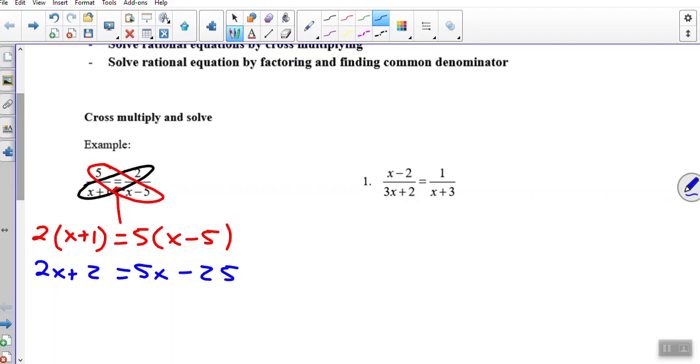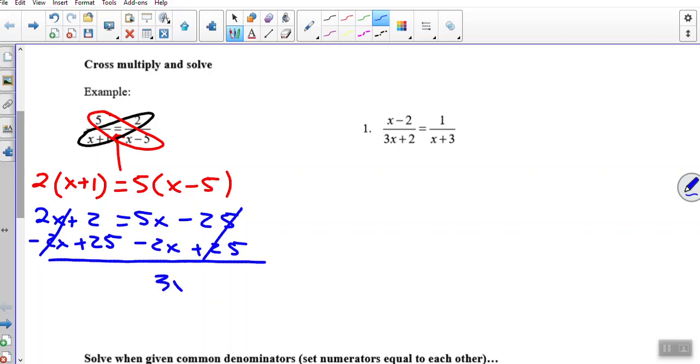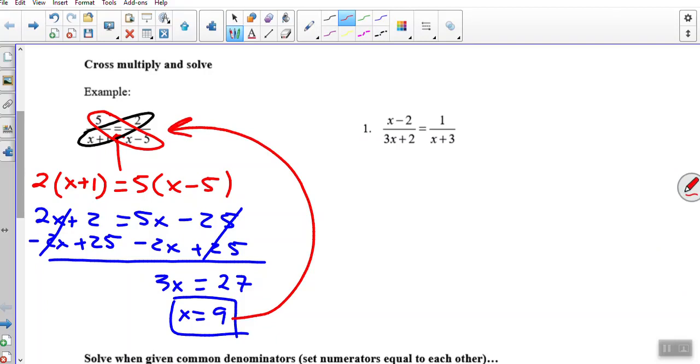Now to simplify and solve for x, let's subtract 2x from both sides, and let's add 25 to both sides. So we got 3x equals 27, x equals 9. One thing you have to be careful of is making sure whatever you get makes sense in this equation.